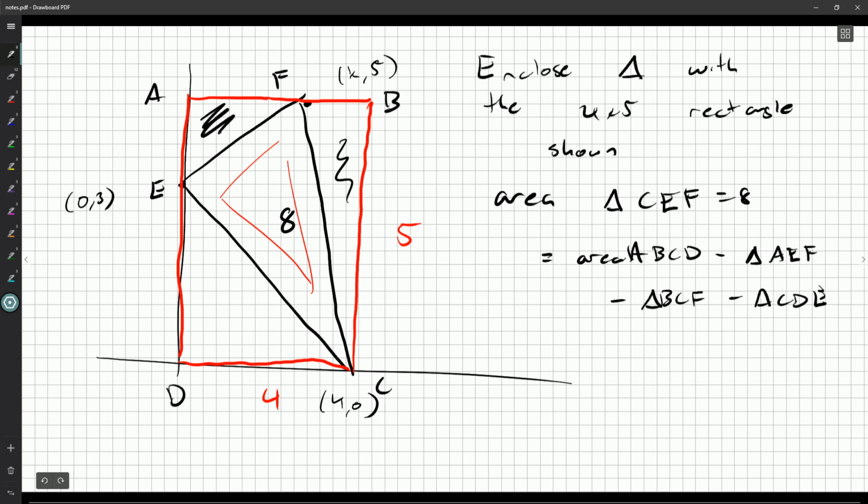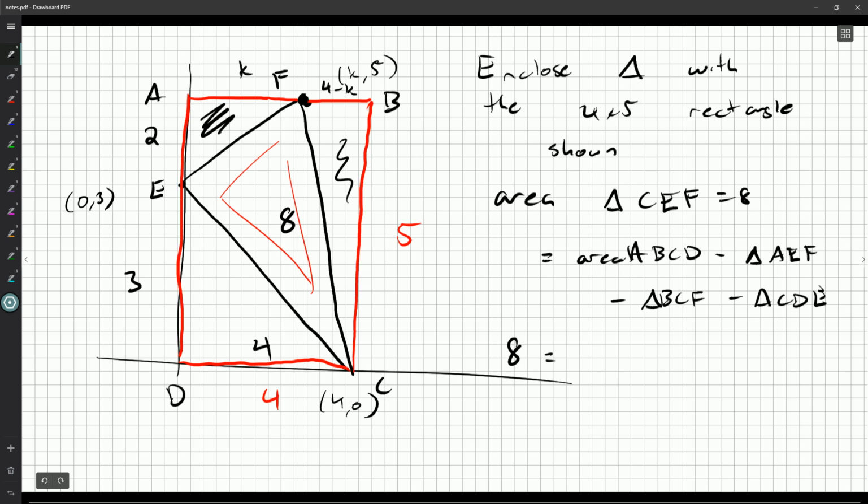Now, all of these are nice little right angle triangles. I know this is a 4, this is a 3, height of 5, so this is a 2. Now, I don't quite know where K is. So we know that this length over here is going to be K, and then this should be 4 minus K.